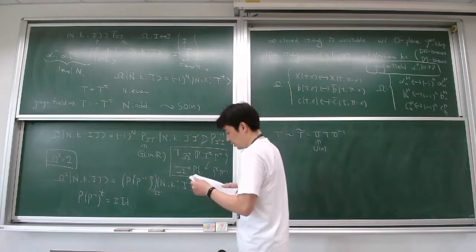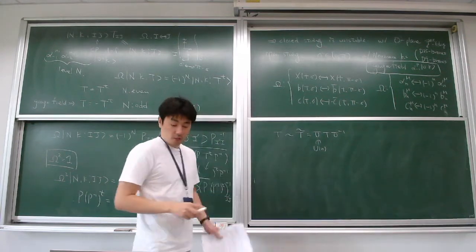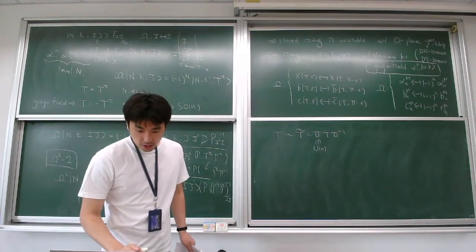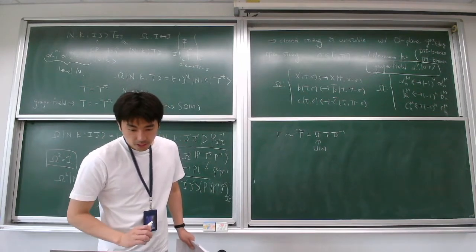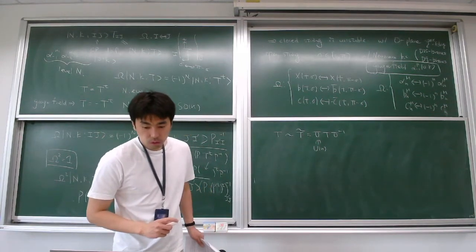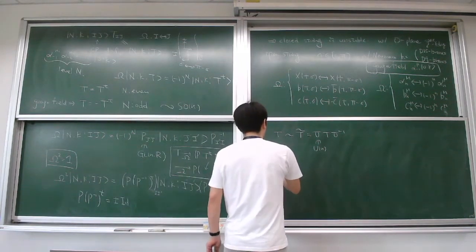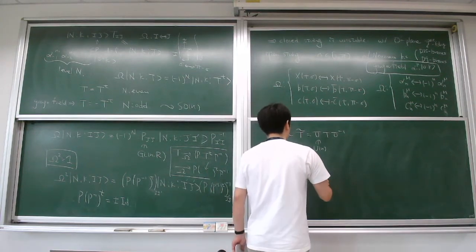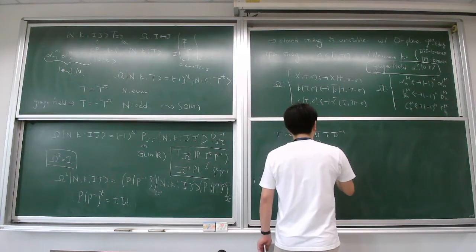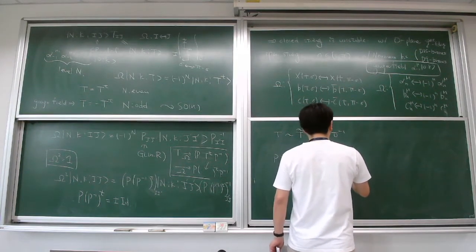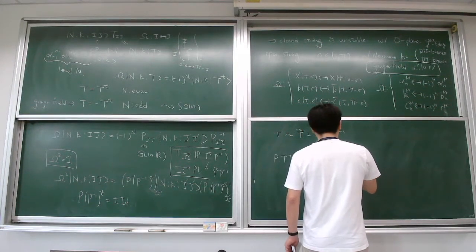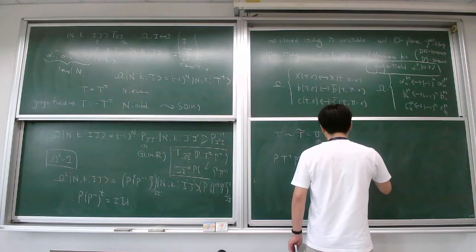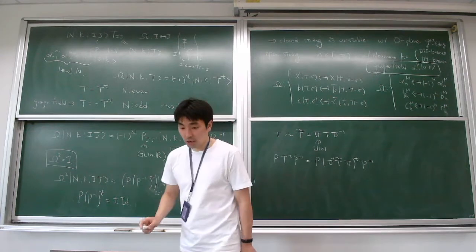So gauge equivalence. Then if you use this one, what you get is P T P transpose P inverse is equal to P U T U inverse T transpose P inverse. That's what you get.